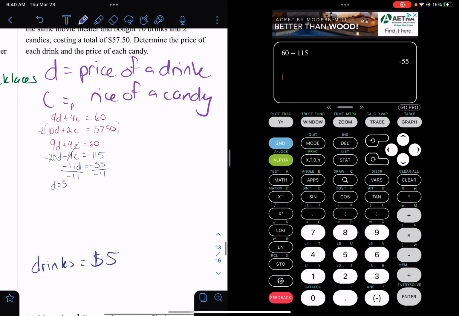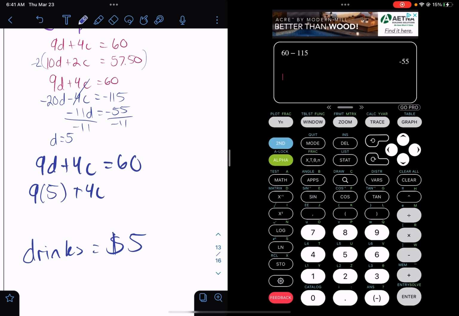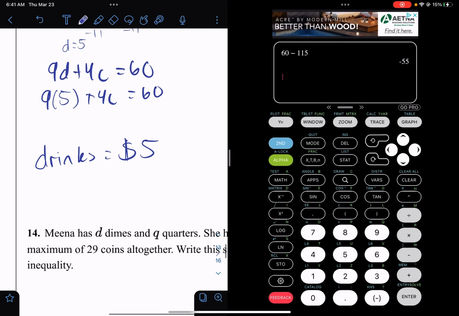So now if our drinks are $5, we can use one of these equations here. Let's use the first one. So we're going to use 9D plus 4C equals 60. We're going to plug 5 in for D. So we're going to do 9 times 5 plus 4C equals 60. So we've got 45 plus 4C equals 60.